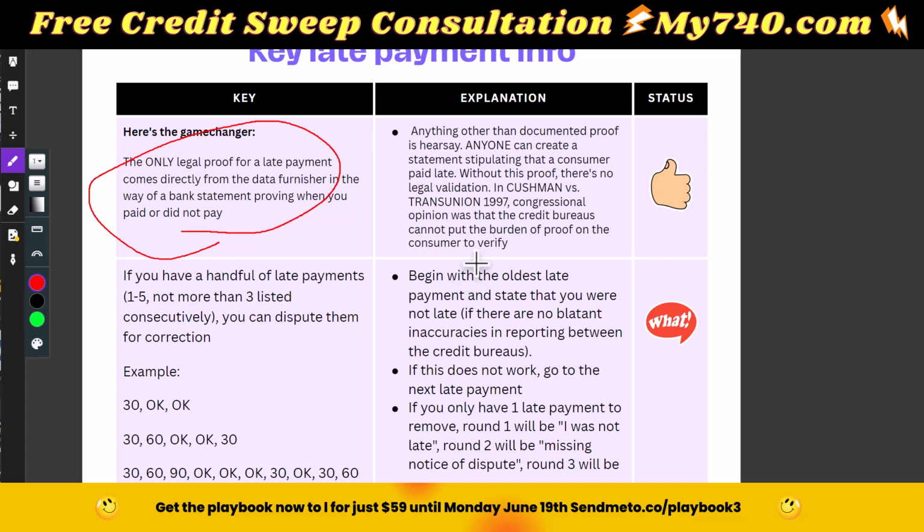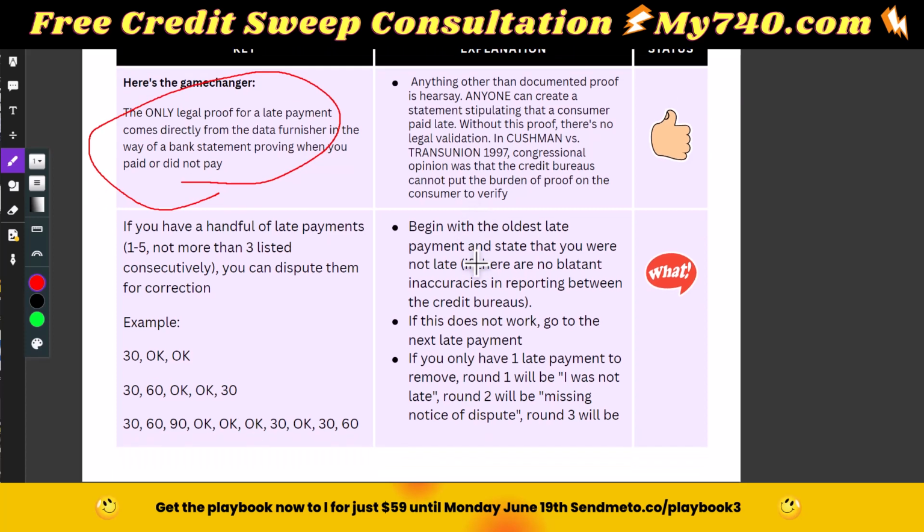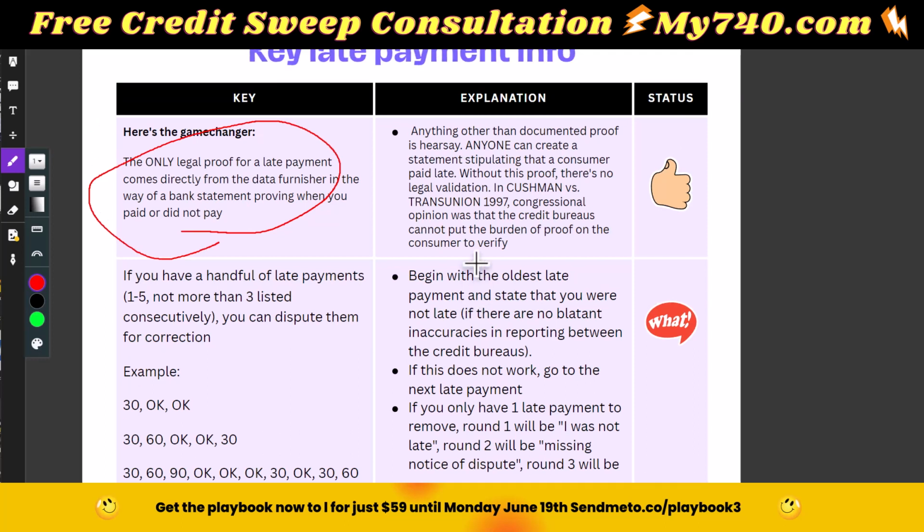If you look at Cushman versus TransUnion from 1997, congressional opinion was that the credit bureaus cannot put the burden of proof on the consumer to verify. So what does this mean? Let's just use common sense. If you were late, they should have proof that you were 30 days late or 60 or 90, because their bank statement will show that your payment came into their account on X date versus your agreed upon date of X minus 30 or 60 or 90.